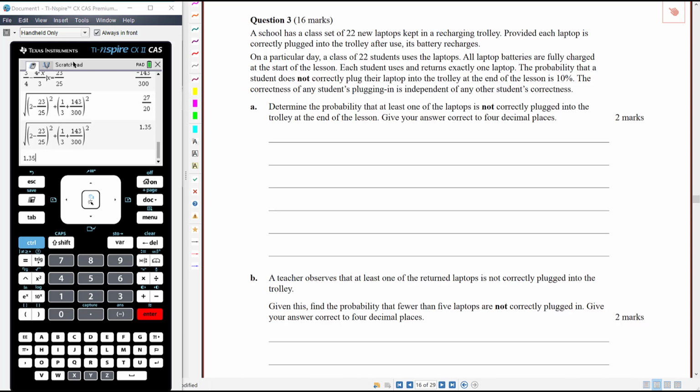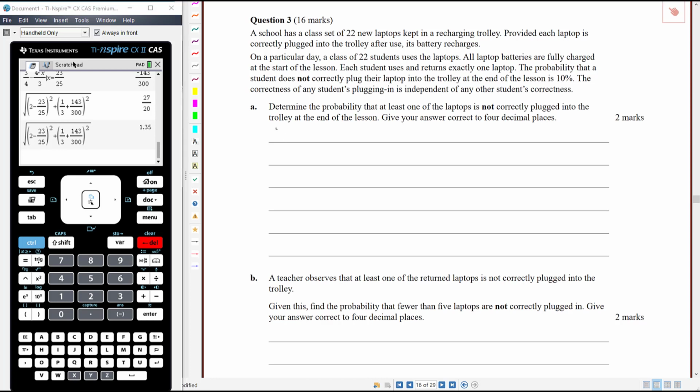Okay, so I'm going to use a binomial distribution here, so I need to set that up properly before I use it, because there's not a lot of working out to write down when you use your CAS, so you need to make sure that it's clear what you're telling the CAS. We want the probability that at least one of the laptops is not correctly plugged in. So not being plugged in correctly is what we're interested in.